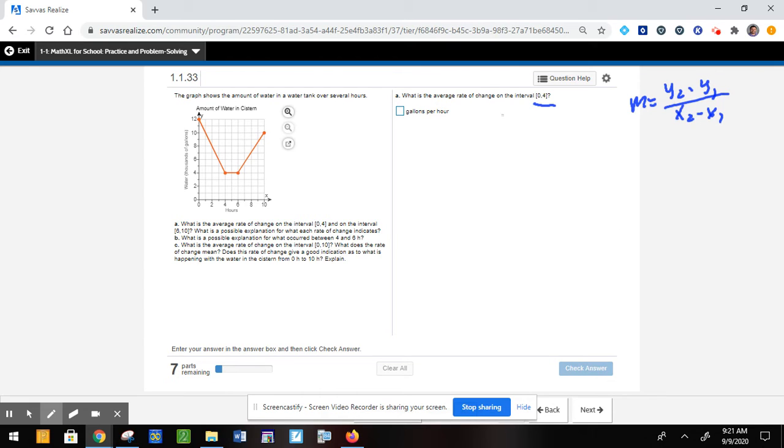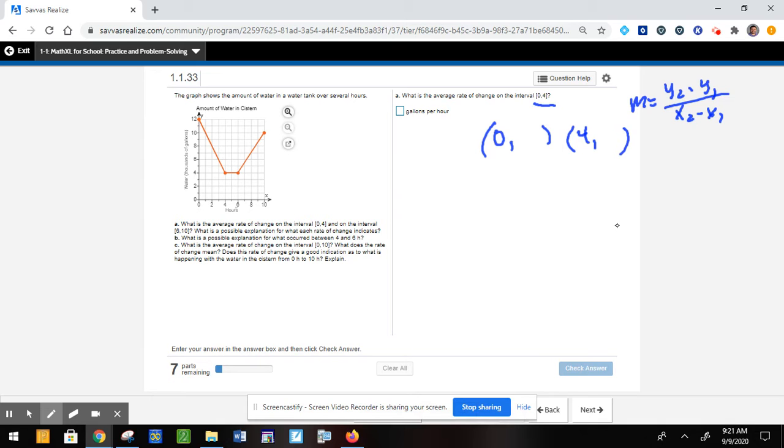So if I have two ordered pairs, 0 is my first x, or x1, and 4 is my second x, or x2. Now I just need to figure out what the y values associated with that are.